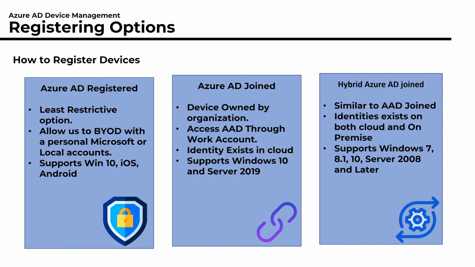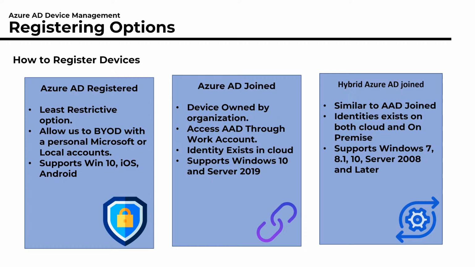Okay, so the first way to register the device onto the Azure Active Directory is Azure AD registered. So we can get our own device, like a personal laptop or a personal device, registered on the Azure Active Directory, so that we can manage that device from the Azure AD.